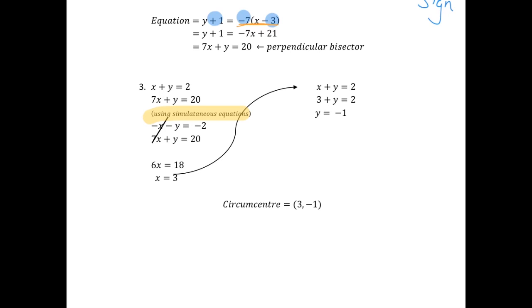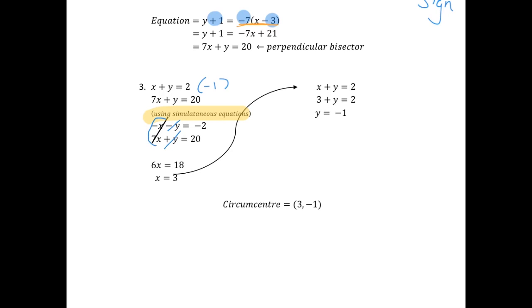If we change the sign on our first equation, multiplying it by minus 1, then we'll have minus x minus y equals minus 2, and then our minus y will cancel with our plus y if we add these equations.